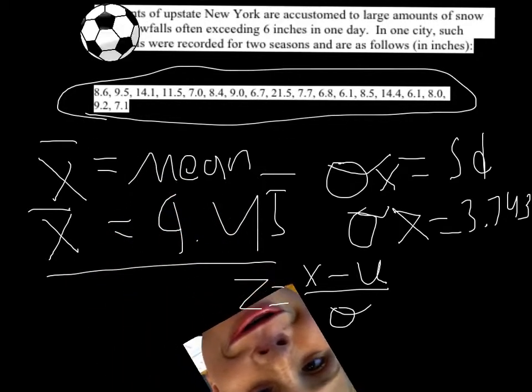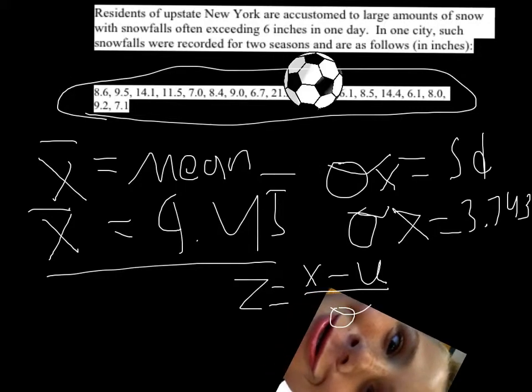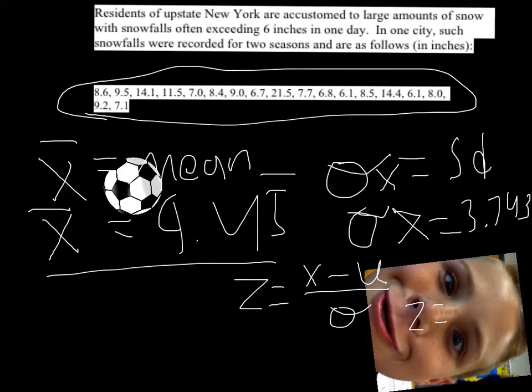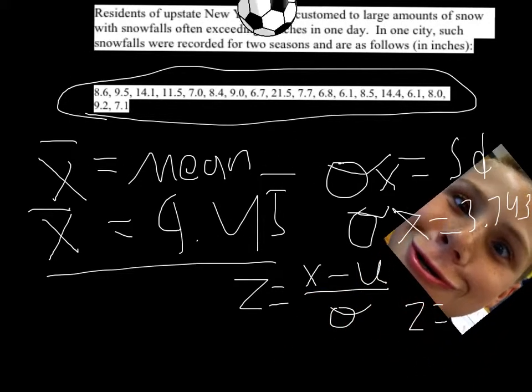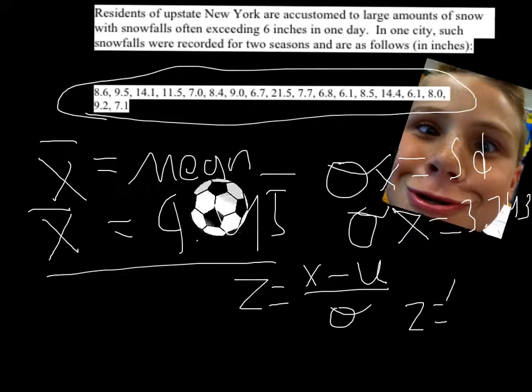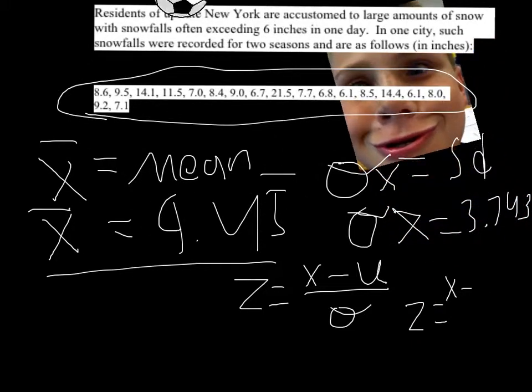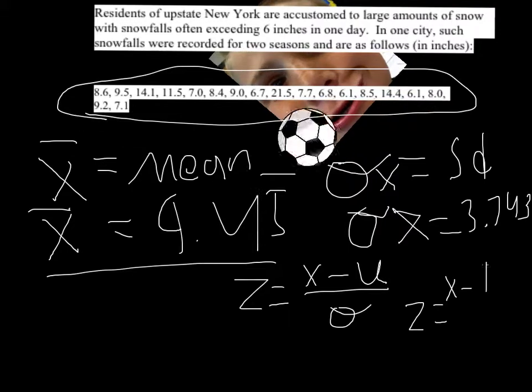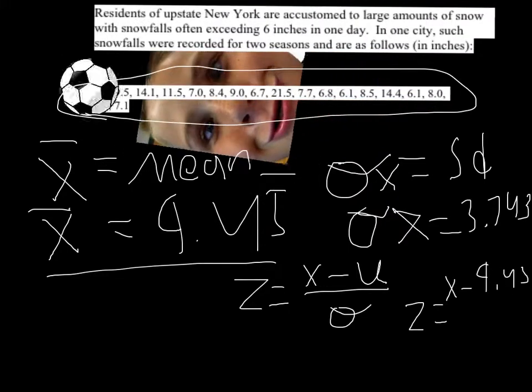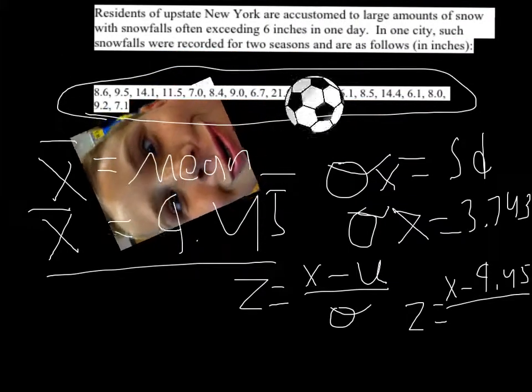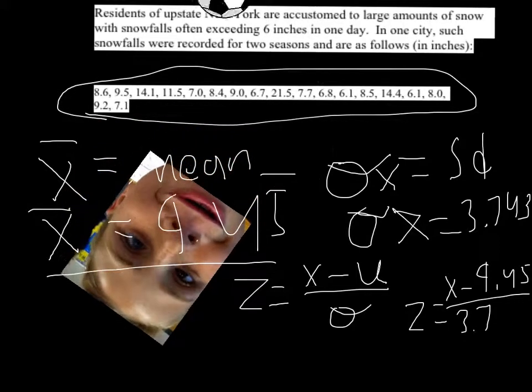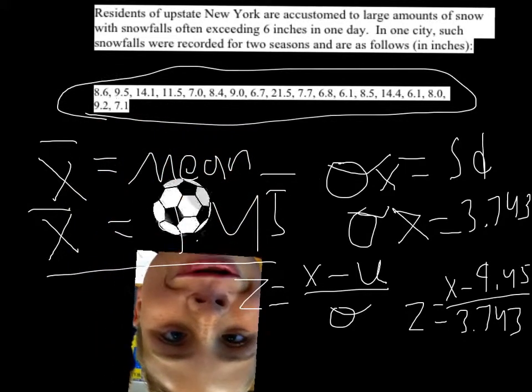So that will have to be z equals x minus 9.45 over your standard deviation of 3.743.